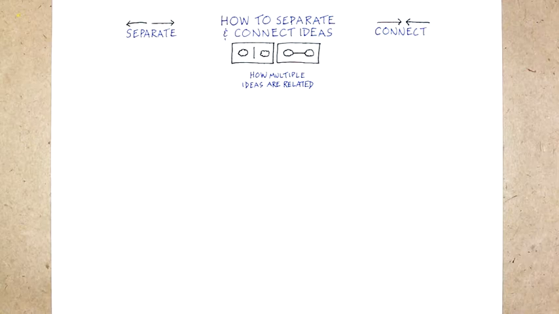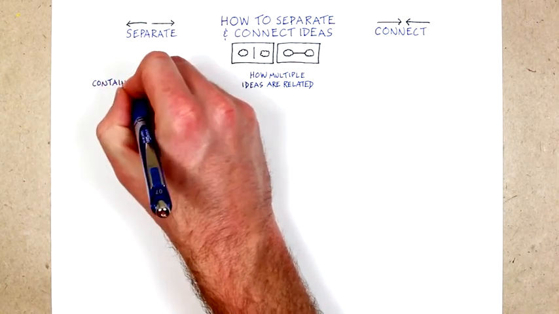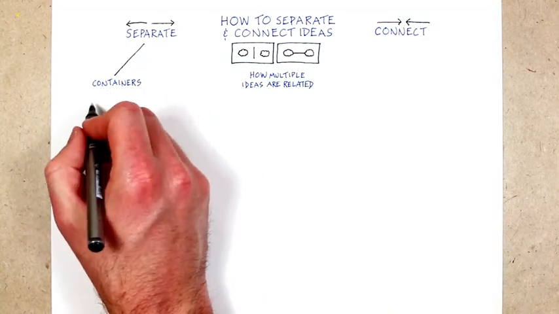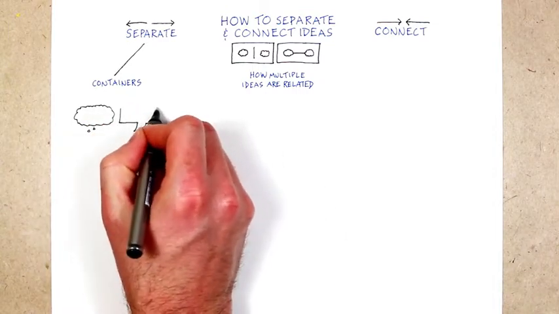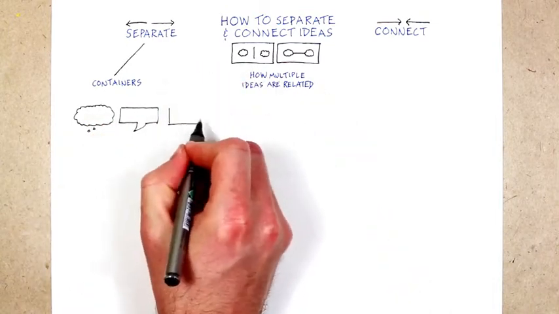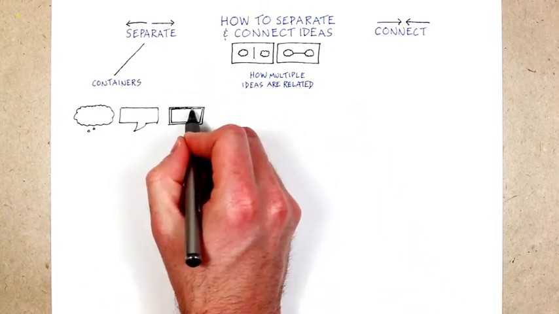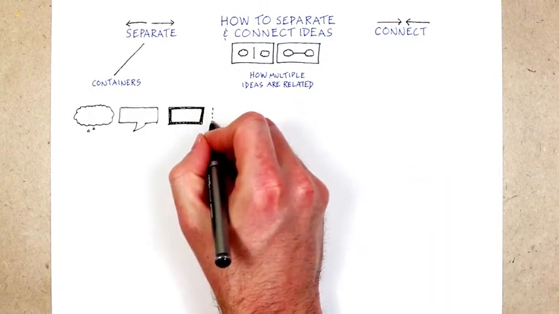One way that you can separate ideas is through the use of containers, which is just a general term for some marks that include some ideas to show that they are separate from others. You can use different line styles to do that enclosing of ideas, and note that the style that you give those lines can also be used to convey information.